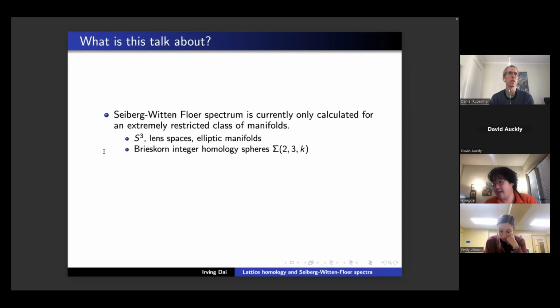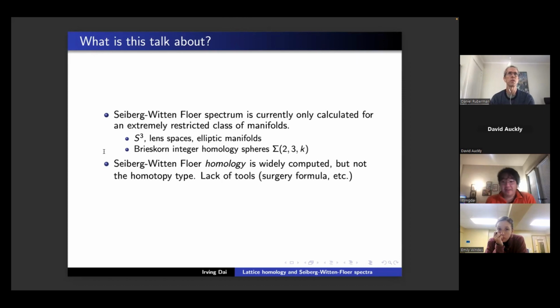I'll talk about why these things are understood in just a moment. To the best of my knowledge, this is an essentially exhaustive list of all three manifolds for which the Seiberg-Witten-Floer spectrum is understood. Of course, you have structural results about orientation reversal and perhaps connected sums, but in general, the Seiberg-Witten-Floer spectrum is very, very hard to calculate.